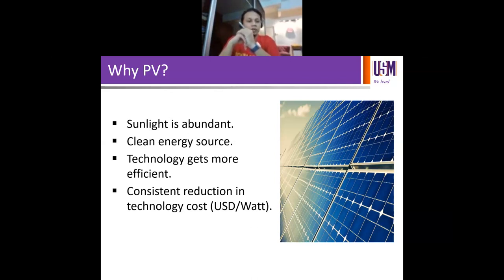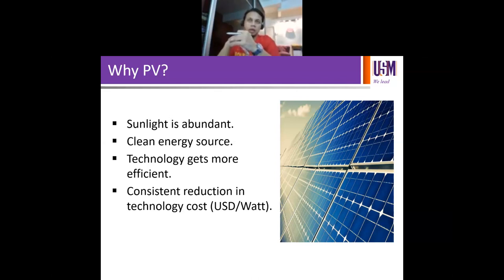It's also a clean energy source. There's no CO2, no emission of any sort, no CO2 pollution. And the technology gets more efficient as time goes on.